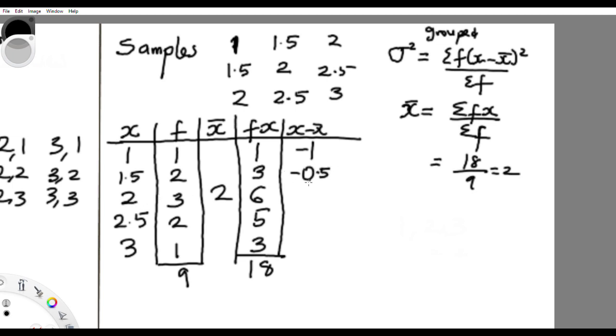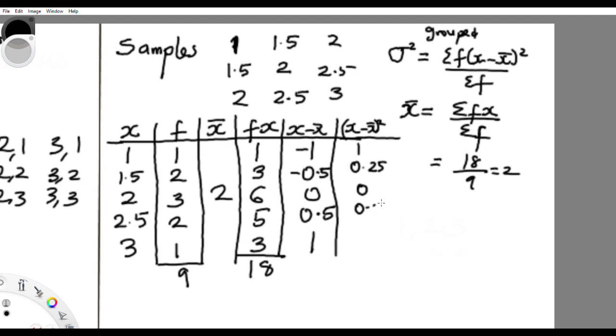Okay, that's 0. 2 minus 2 is 0. This is 2.5 minus 2, which is 0.5, and this is 3 minus 2, which is 1. Now let's square them. Sorry for that. X minus x bar squared, this is 1, this is 0.25, this is 0, this is 0.25, and this is 1.